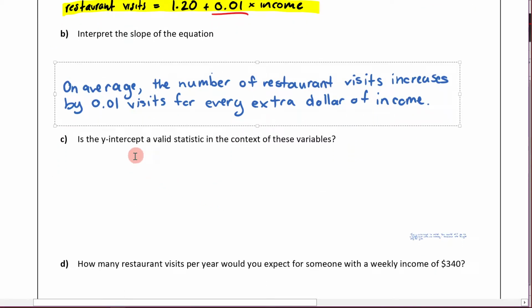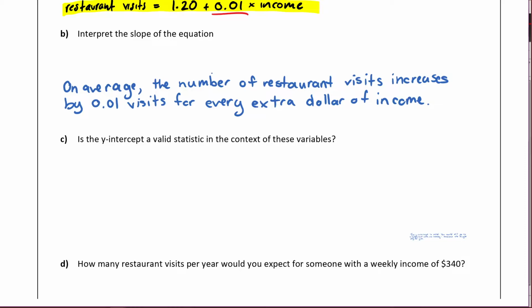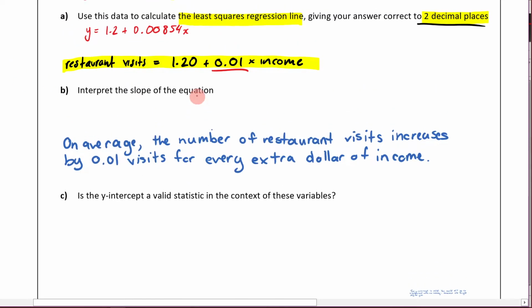The next thing that we have is the y-intercept a valid statistic in the context of these variables? So remember, when you're thinking about the y-intercept, you have to consider whether or not it's realistic, because there are some instances when it's just not going to be realistic at all. Remember, if we come up here, it's saying that my y-intercept is 1.2. So in other words, y is equal to 1.2.